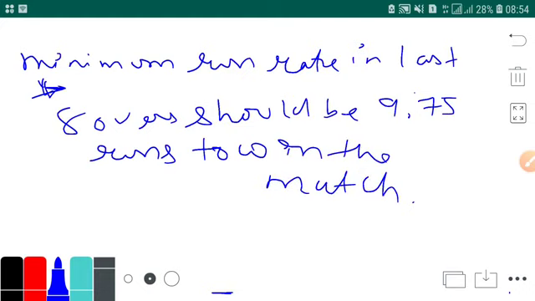So this should be your minimum runs to win the match.